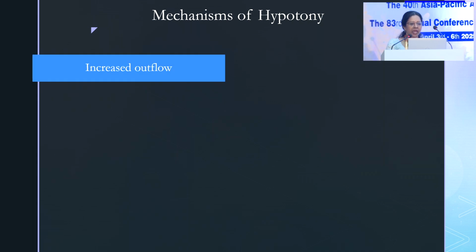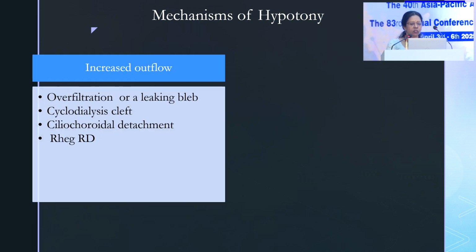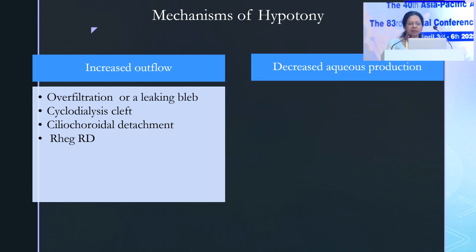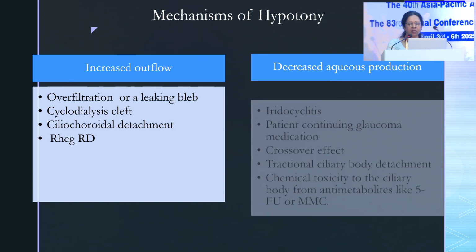As for the mechanism of hypotony, most of the time it's because of increased outflow. The common reasons are overfiltration or a leaking bleb. Rarely it could be because of a cyclodialysis cleft, a ciliochoroidal detachment or rhegmatogenous RD. The other mechanism is decreased aqueous production.